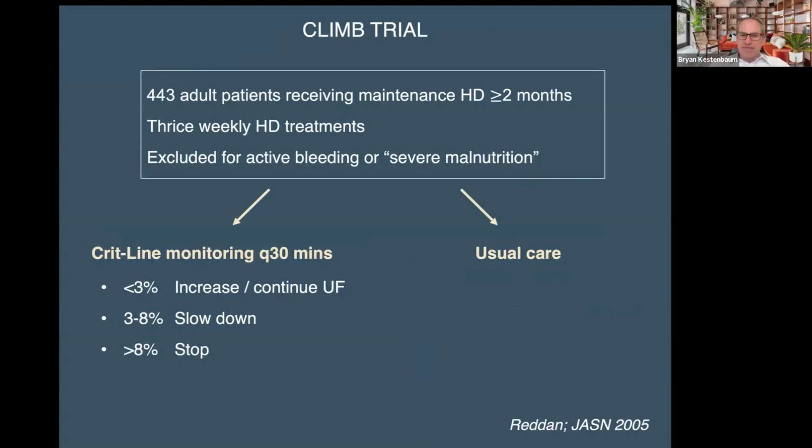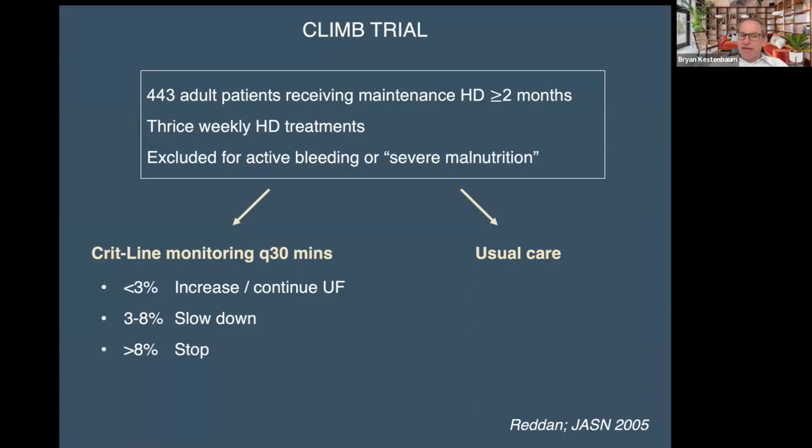This is the CLIMB trial back in 2005, 440 adult patients getting maintenance dialysis, and they were randomly assigned to get Crit-Line monitoring or usual care. The Crit-Line is detecting hemoconcentration. The instructions were to slow down the ultrafiltration if the Crit-Line monitoring showed a large increase in hemoconcentration.